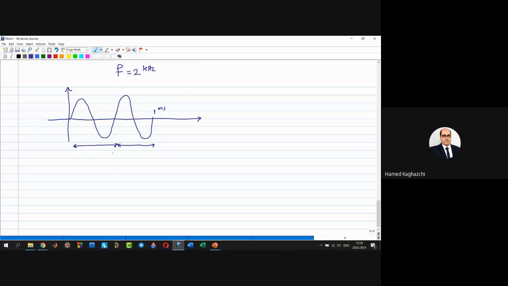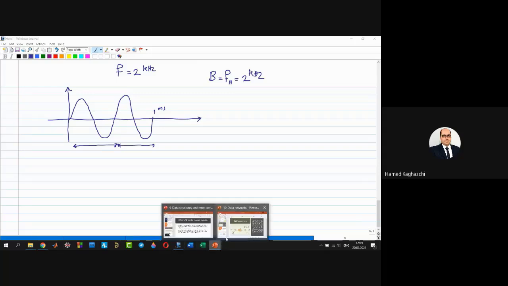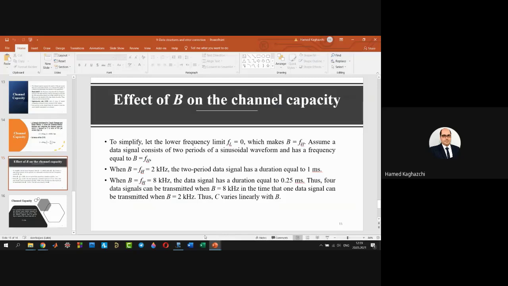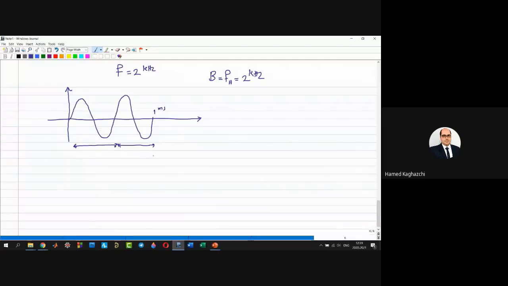So, because my bandwidth is also equal to FH, 2 kilohertz, look at here, I can only send one data signal, because the bandwidth is 2 kilohertz and my signal frequency is also equal to 2 kilohertz.